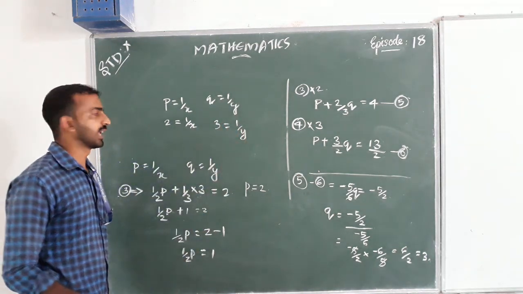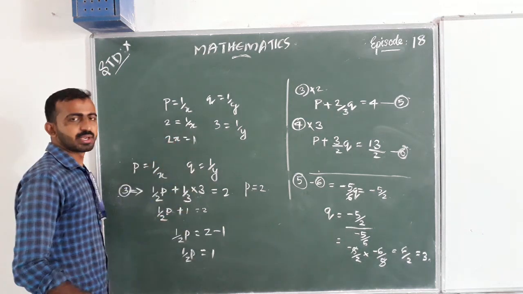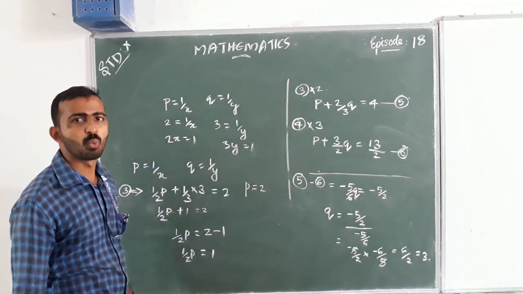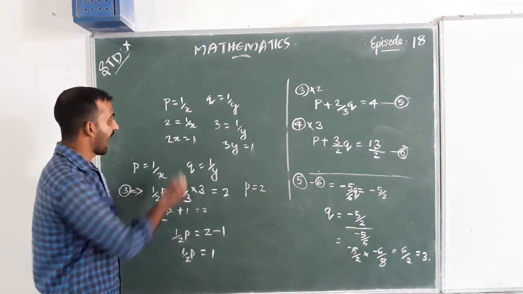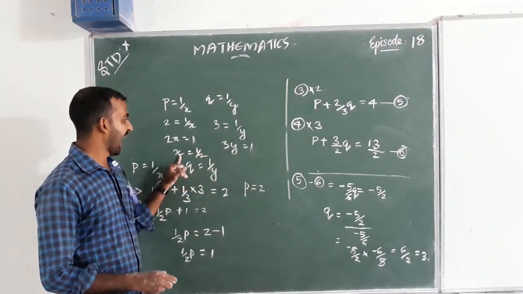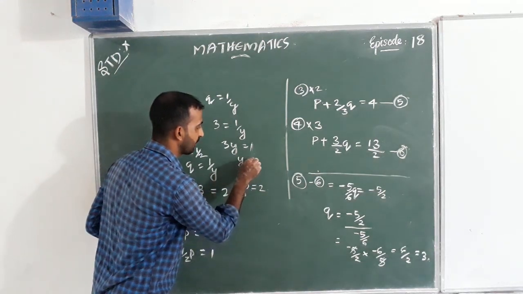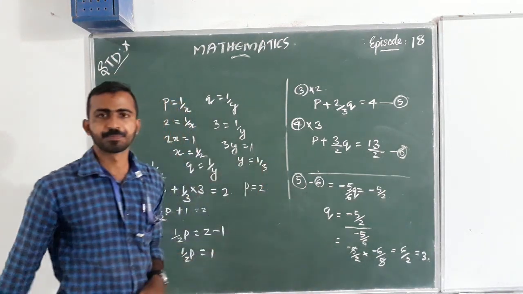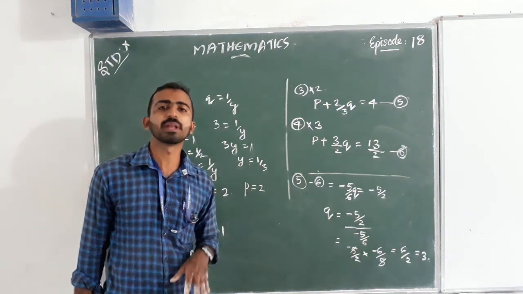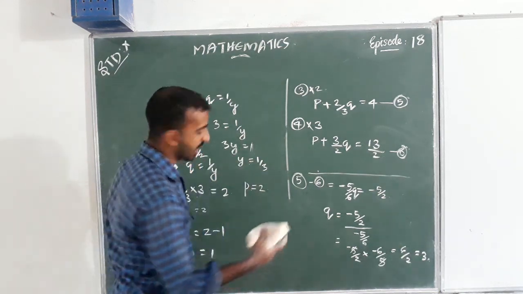That is 2x equal to 1 and 3y equal to 1, so x equal to 1 by 2 and y equal to 1 by 3. That is the solution.